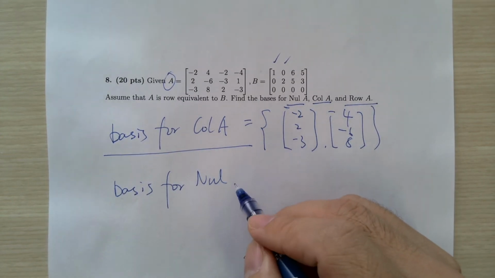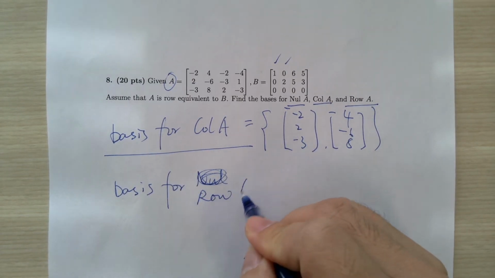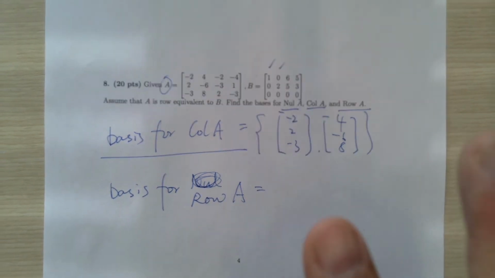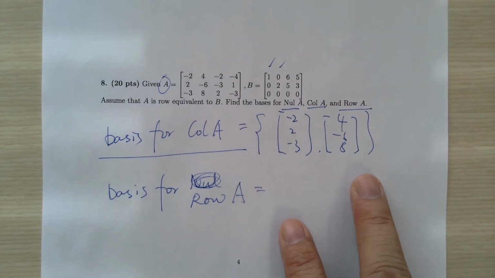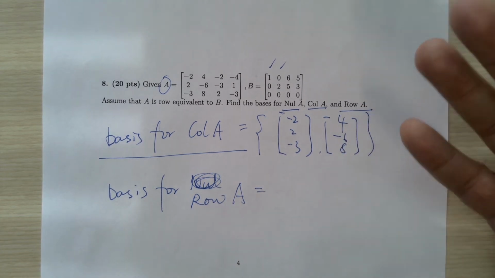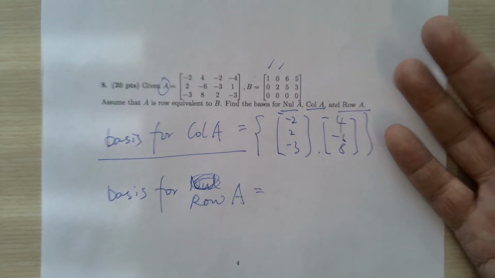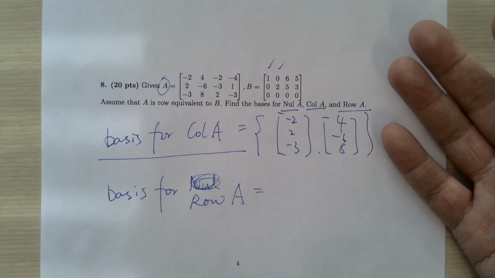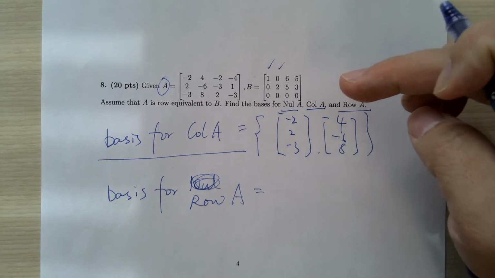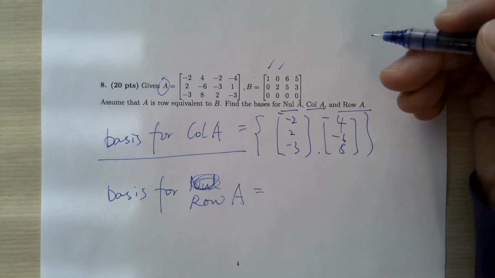Now what about the basis for the null space? Well, let's do the row space first. Regarding the row space, things become different. When you're trying to figure out the basis for the row space of this matrix A, you can construct this basis from the row equivalent matrix B. We can directly read it out.